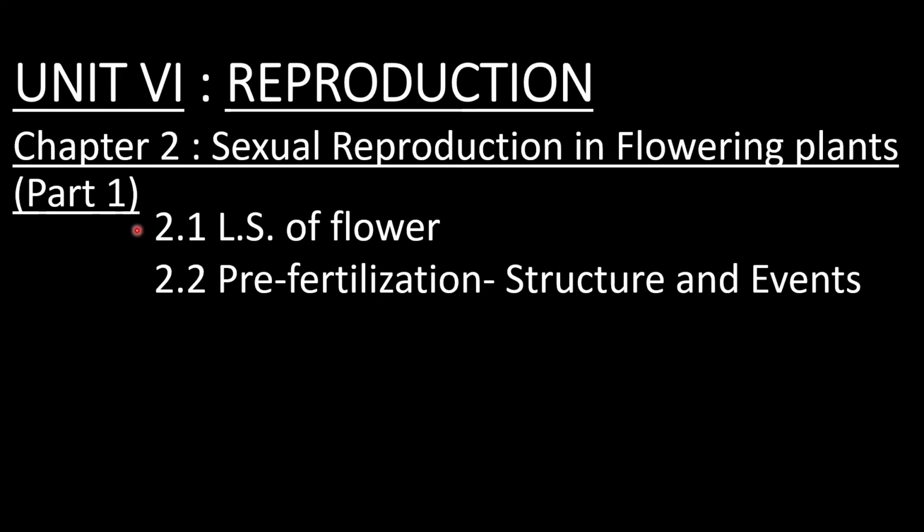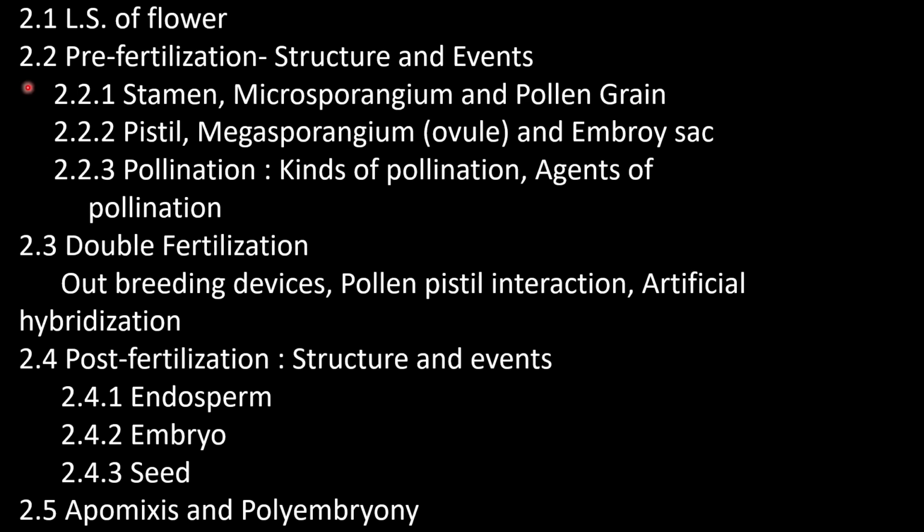In today's presentation, we are going to study 2.1 LS of flower, longitudinal section of flower, and 2.2 pre-fertilization, structure and events. According to the syllabus, we must know 2.1 LS of flower, 2.2 for pre-fertilization, structure and events.